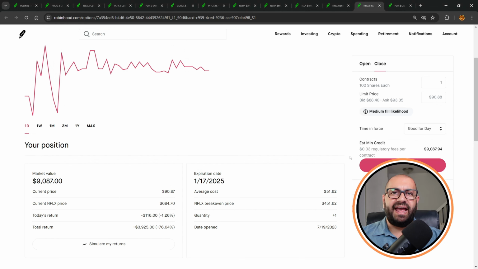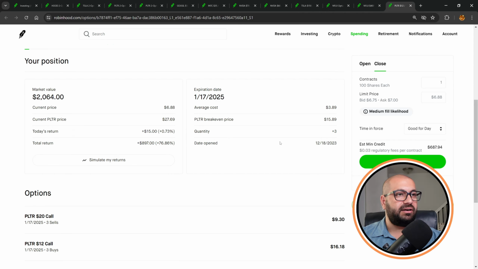So I use 1/8 of the amount to achieve the same covered call using a poor man's covered call, meaning I am elevating my return by a big time, because now whatever return I get is divided on the $5,162 instead of dividing on $40,000 invested. Similar thing for PLTR. You can see here that the average cost was $389 instead of buying 100 shares, which will cost us much more than that.